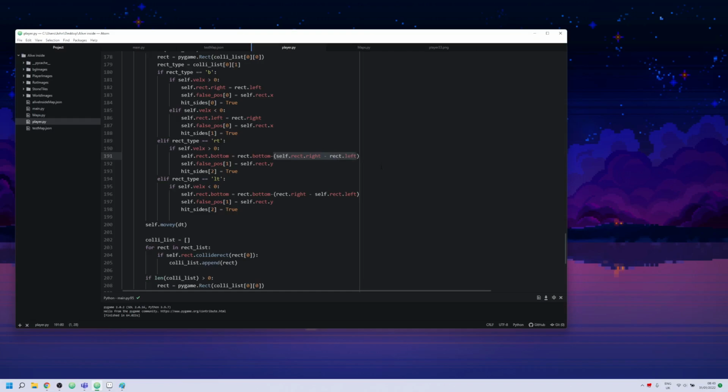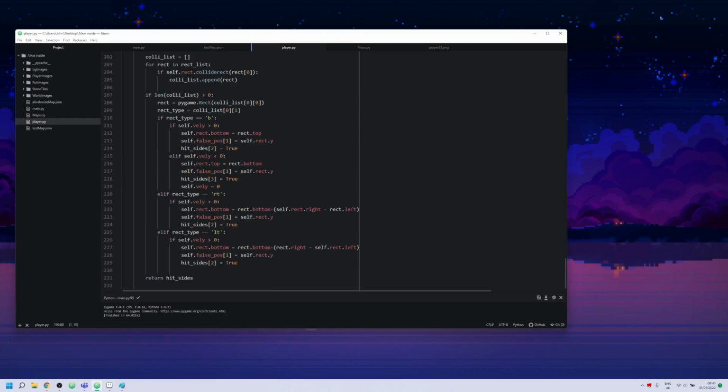And then for left, it's just inverted. So you do the right of the ramp's rect minus the left of the player's rect instead of the other way around.